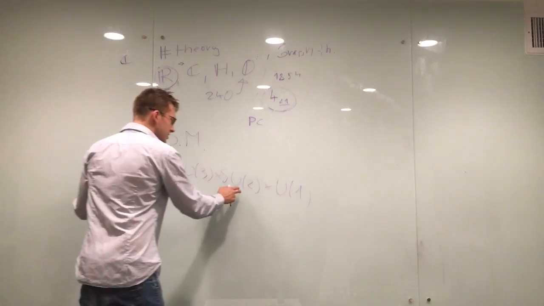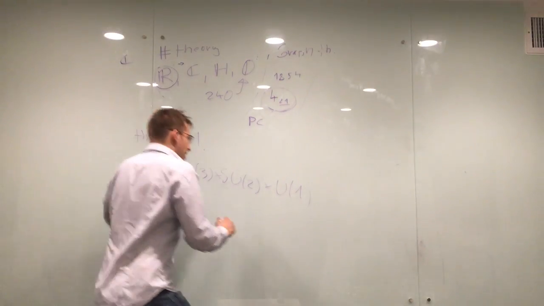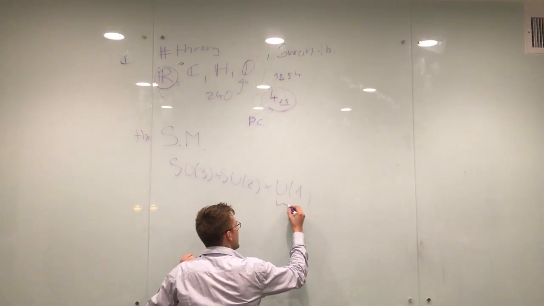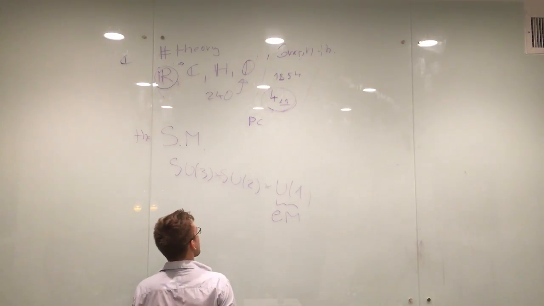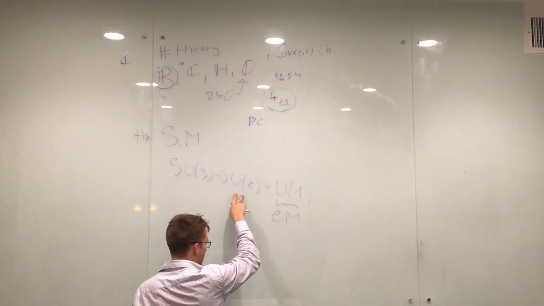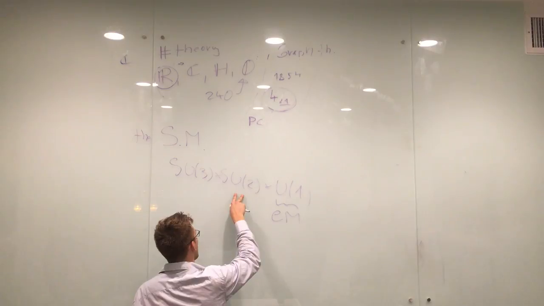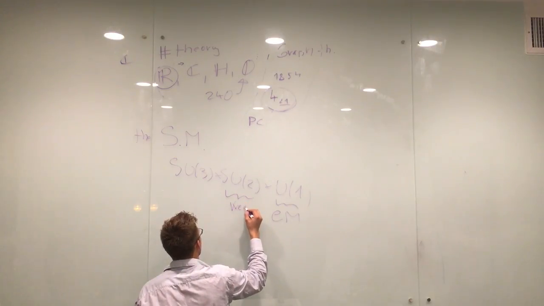So these are all semi-simple Lie groups or algebras, whatever. Now this is electromagnetism. This accounts for weak interactions. So, okay, let's say weak.